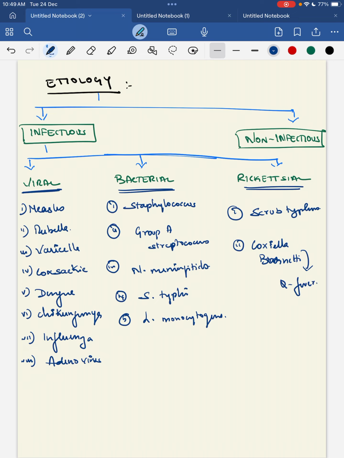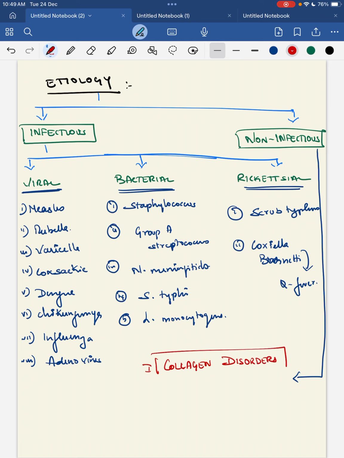Coming to your non-infectious group, the first one will be your collagen disorders. In collagen disorders, one will be your systemic juvenile rheumatoid arthritis.